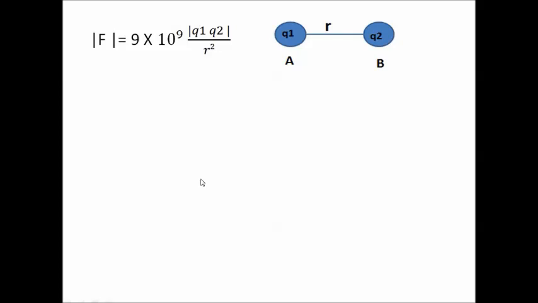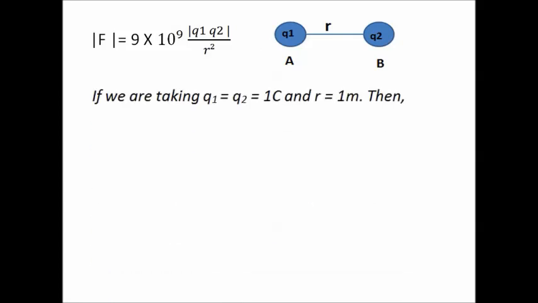You know that the unit of electric charge is Coulomb. Now from this expression we can give a general definition for 1 Coulomb. For that, if I am taking Q1 is equal to Q2 is equal to 1 Coulomb and r is equal to 1 meter, then this equation will become 9 into 10 raised to 9 Newton.